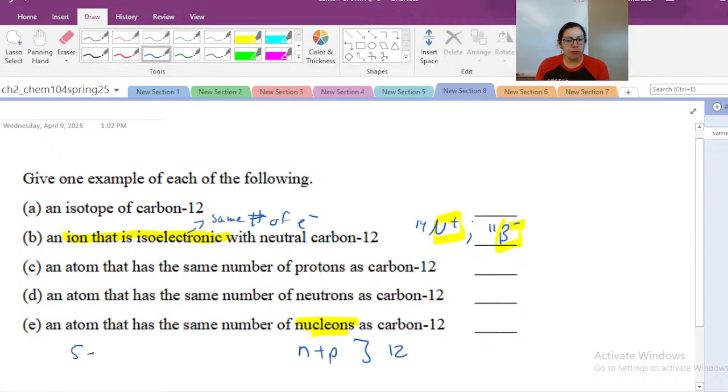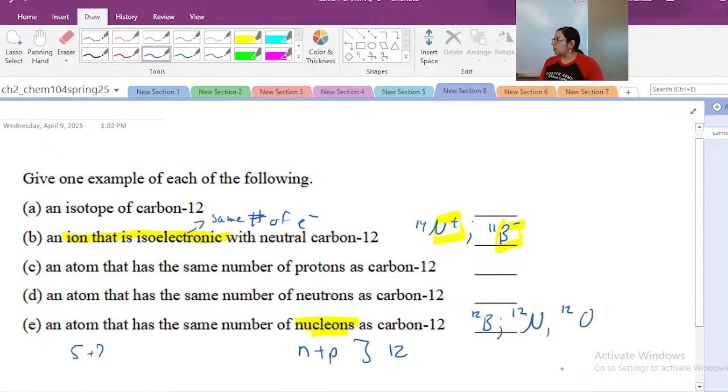Well, if we had 5 and 7, that's how we add them. If it's 5, that could be boron, so we could pick 12 boron. If we had done 7, being neutron deficient, that could be nitrogen, so 12 nitrogen. As long as it's 12, you could really do 12 oxygen, even though that starts to get pretty neutron deficient.